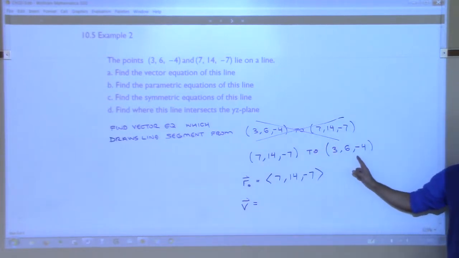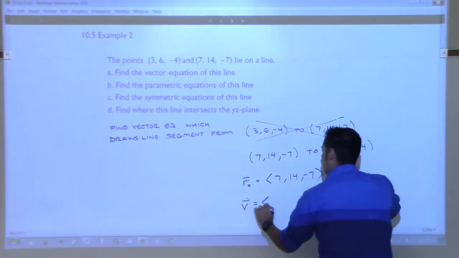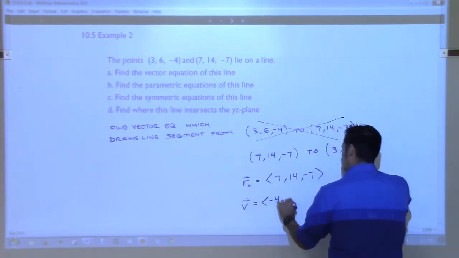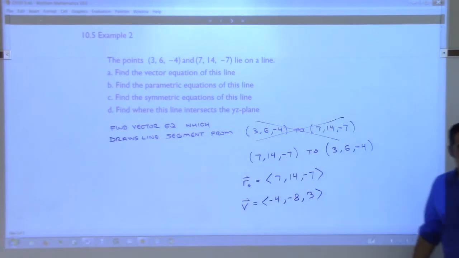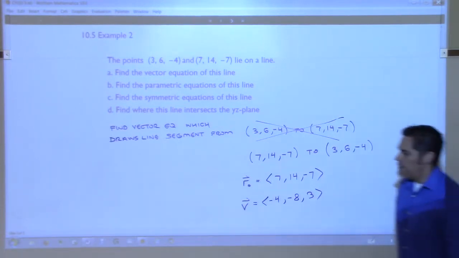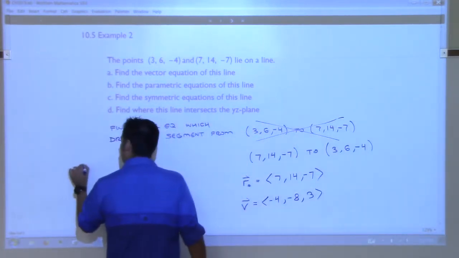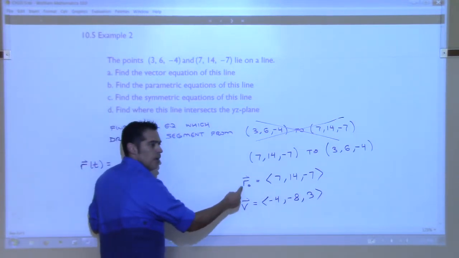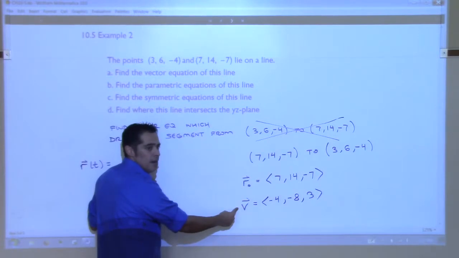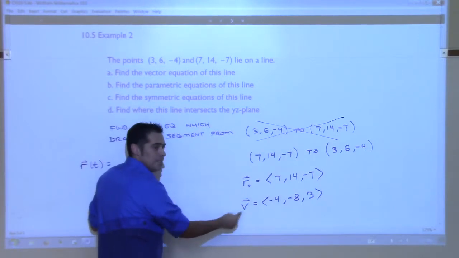From here to here, right? So it's the opposite or negative of the vector we did earlier, which will now be negative 4, negative 8, positive 3, right? So the vector equation should be r of t equals this plus t times this.